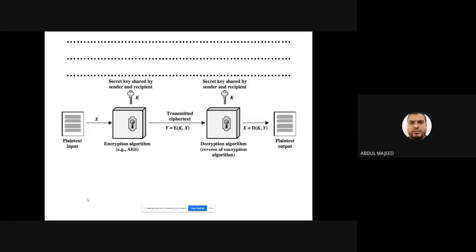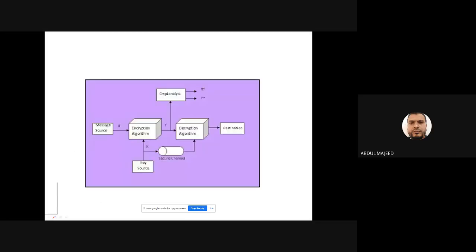The plain text is X, so we need to get X, and for that we apply the decryption algorithm, which is why we have written capital D there: X equals D of K comma Y. On the cipher text we apply the decryption algorithm D with the help of the same key. That is called a symmetric encryption algorithm.